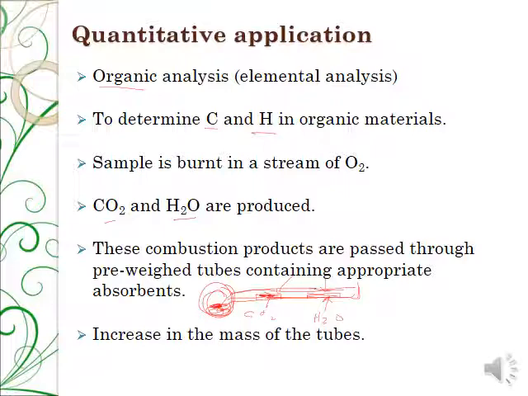After the adsorbent has absorbed the volatile species, we weigh this adsorbent trap again. Therefore, the difference in the mass of this trap before the adsorption and after the absorption will indicate the mass of the individual volatile species, carbon dioxide and also water vapor.